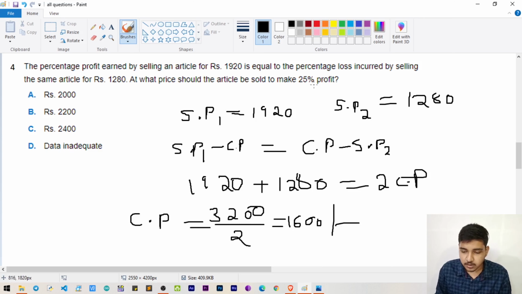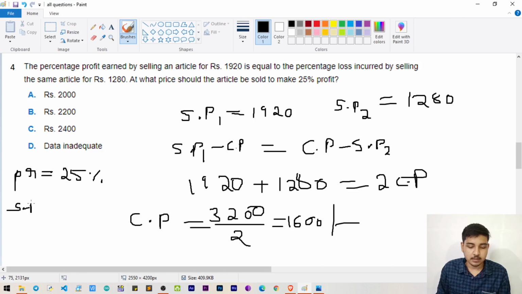What we need to find out is the selling price of the item if we want to get 25% profit. So the profit percentage is already given, 25%. So we know the formula: selling price minus cost price, by cost price, into 100, is equal to 25, right?